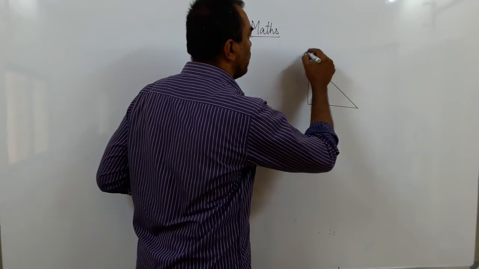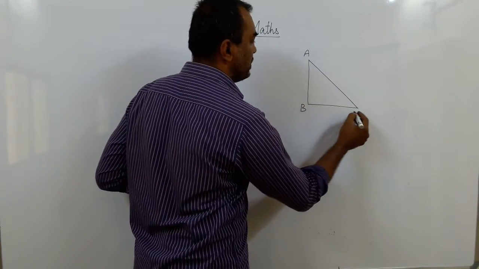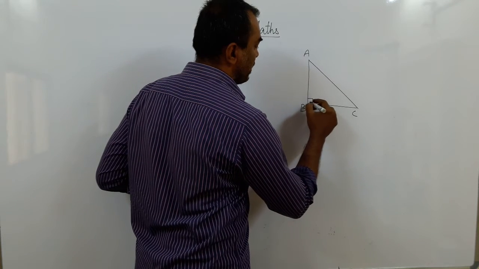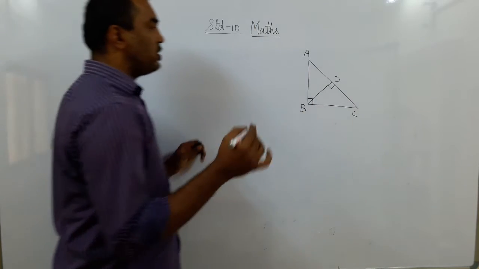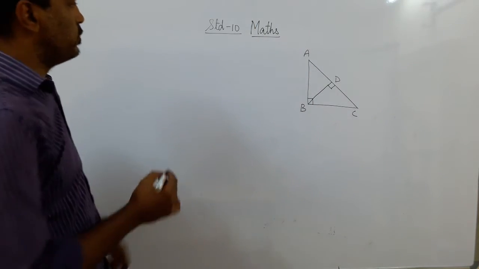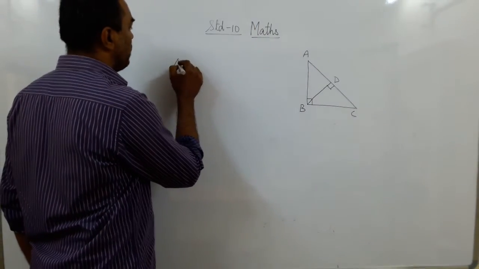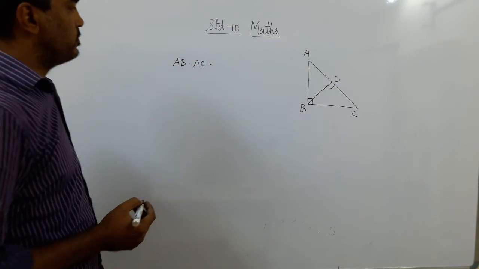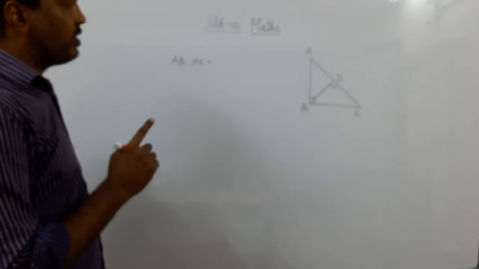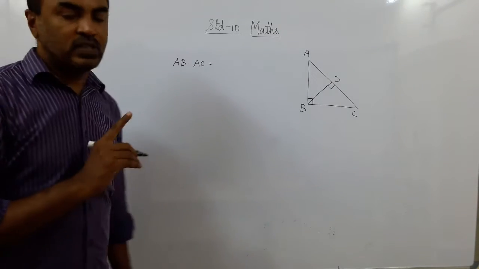What we had done, we had triangle ABC. This was a right angle. We drew the altitude and this was D. Now just for the sake of your MCQs, remember this, AB into AC. We will get it from the similarity that we proved.